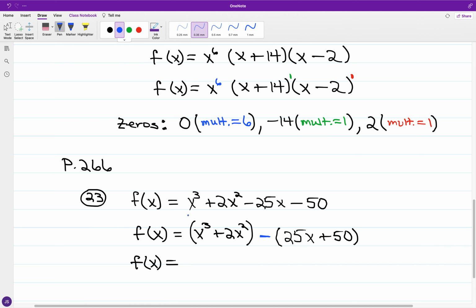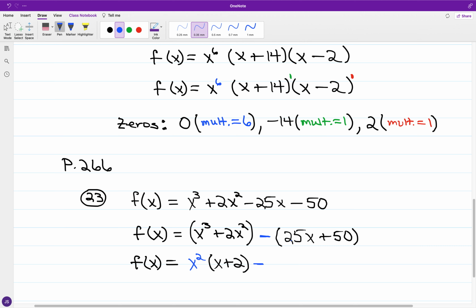For the first two terms, we're going to have x cubed plus 2x squared. The greatest common factor, in the variable x, is going to be x squared. And taking that into x cubed plus 2x squared, we have the quantity of x plus 2.